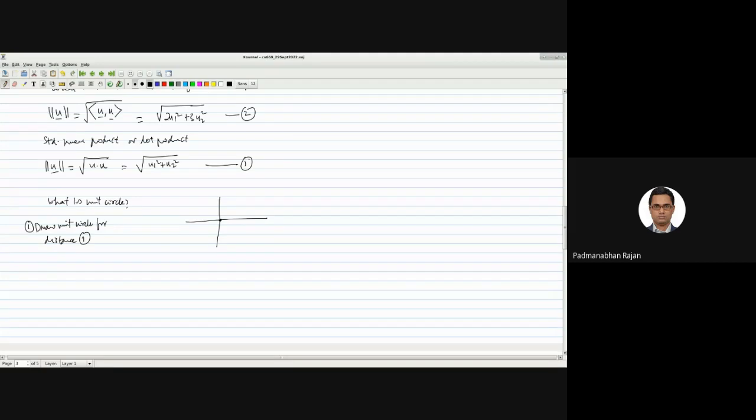How will the unit circle look? This is a 2D plane, so I have x and y coordinates. Basically, the unit circle means it will be the set of all x such that the distance of x is equal to 1.